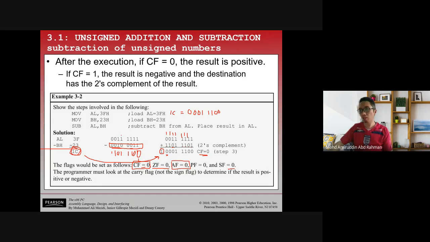There is no carryover over here, so that's why AF is 0. But in the complement that we made, there is a carryover. So the rule you just need to remember is, whenever there is a carry, they will be inverted. So that's why over here we have CF as a 0.